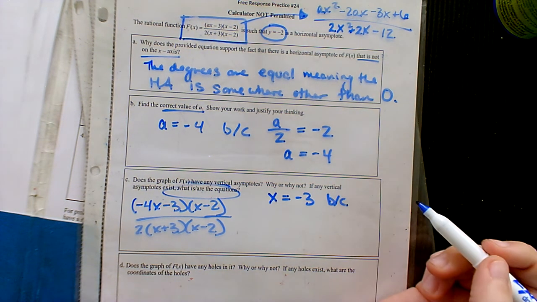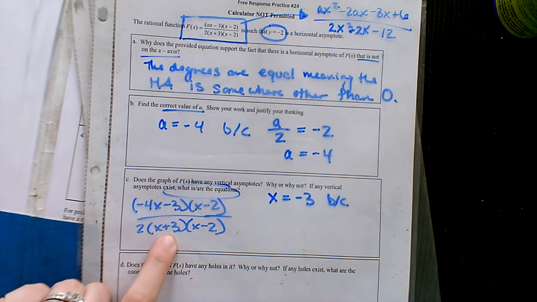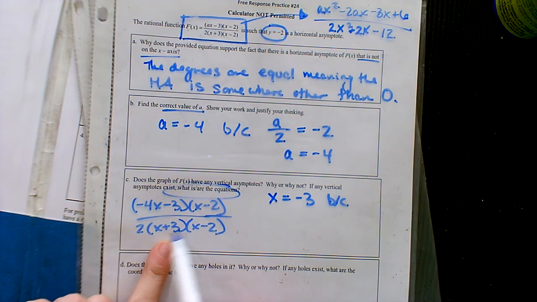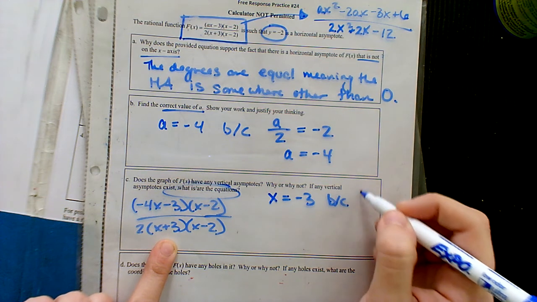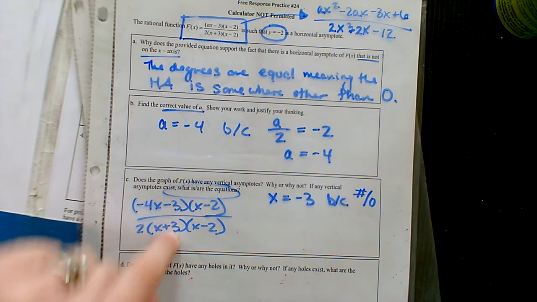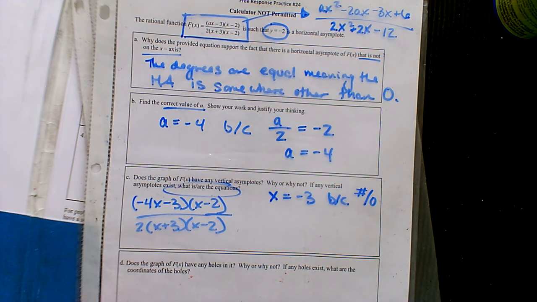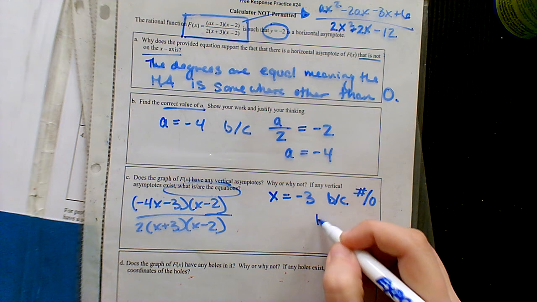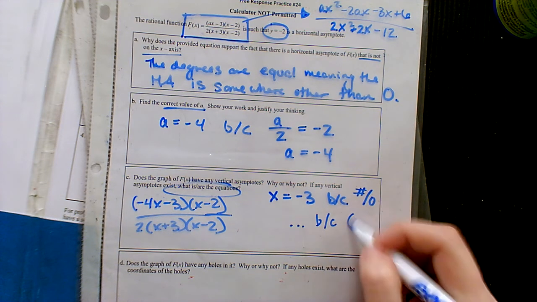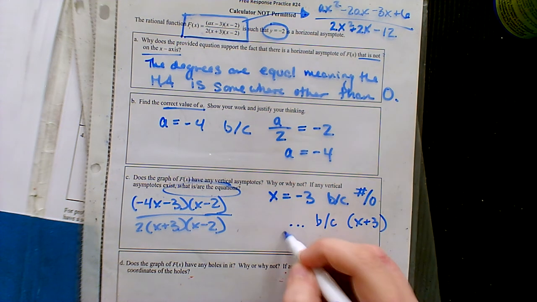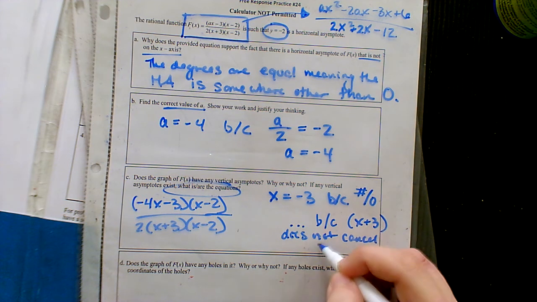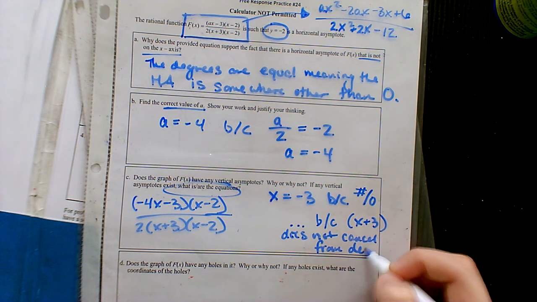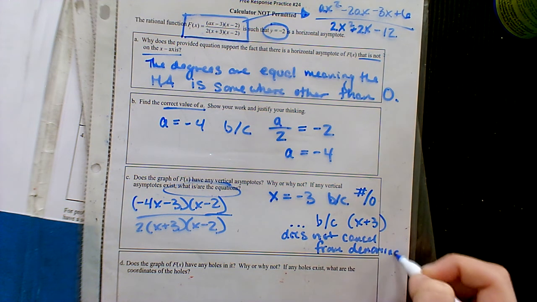That's good. Because there's a 0 there. Okay, so if you plug in -3, it would make the bottom 0, but not the top. So I would accept a reasoning because this would produce a number over 0, if you want to use that reasoning. You could also say because x plus 3 does not cancel from the denominator.